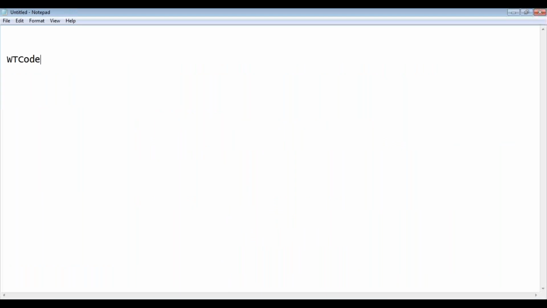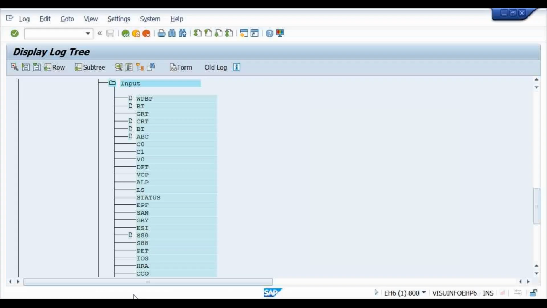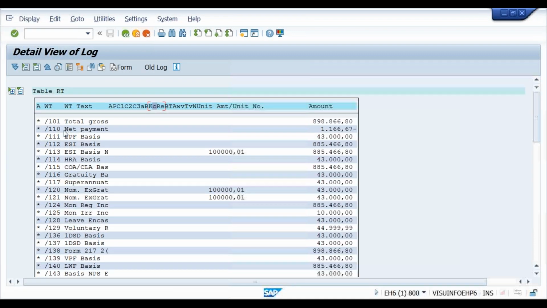See the waste type code you see, and the waste type text you see, right? And along with this, you have a rate field, a number field, and an amount field. Okay, so let me show you those things in the IT table. IT or OT, whatever. There is a 4-digit waste type code. There is a description.